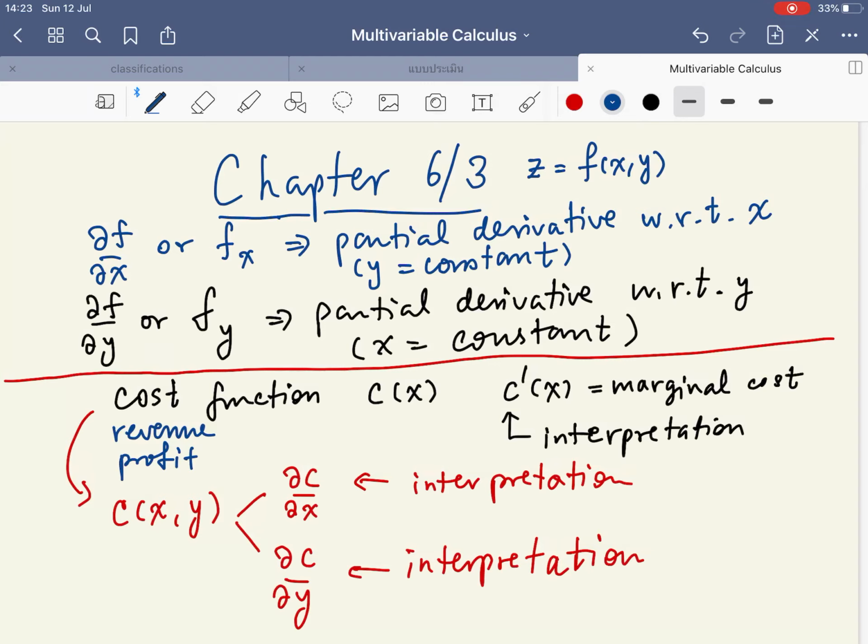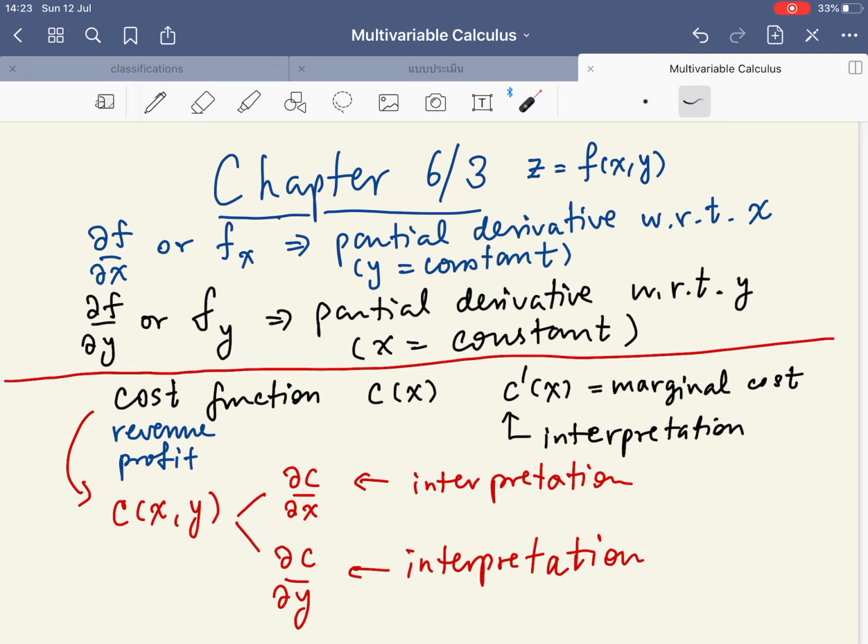Hello everybody, this is the third clip of our chapter 6, which is about multivariable calculus. As we have learned before, if you are given a function z equals f of x, y, then you can find a partial derivative of the function f, or z, with respect to x, or f sub x, which is a partial derivative where y is regarded as a constant.